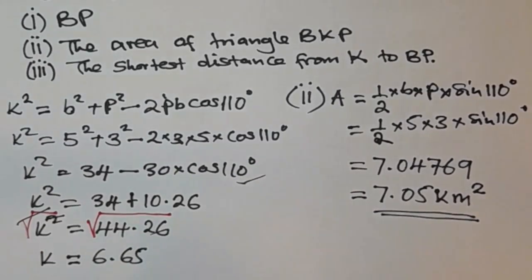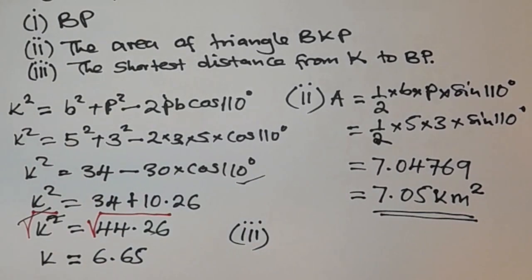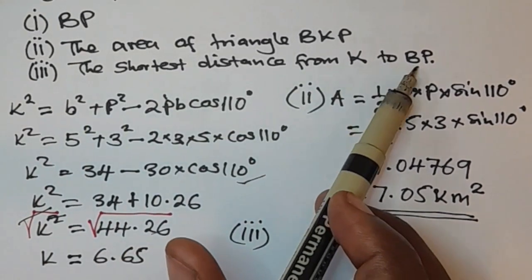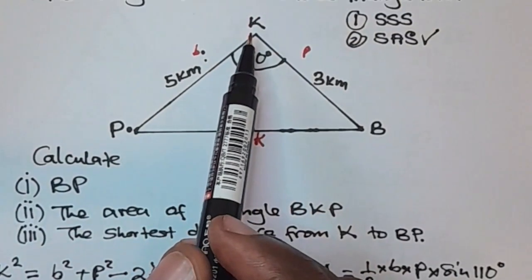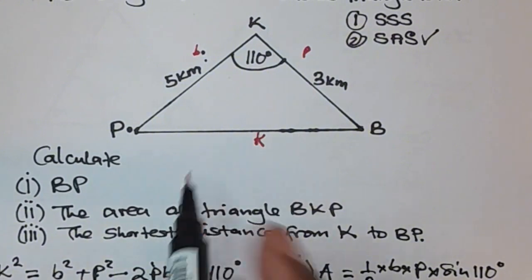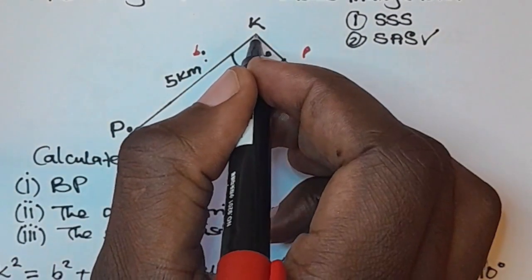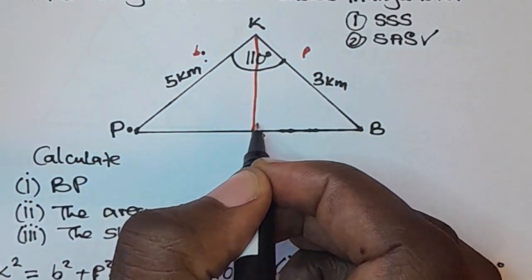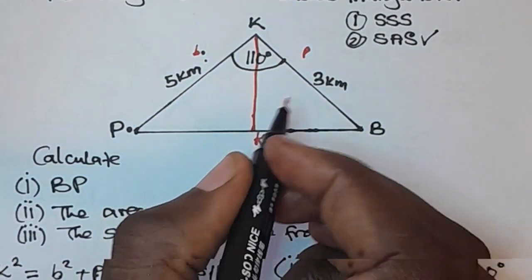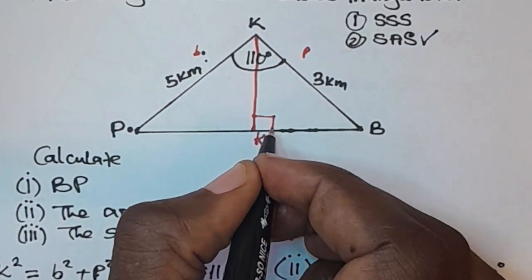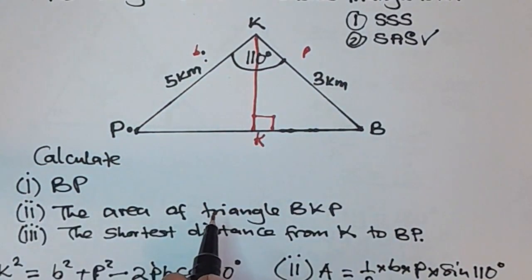Okay, let's now look at the third question. The third question, they want you to find the shortest distance from K to BP. K is here to BP. So in other words, you need to draw a line here. And when this line joins or touches this line, it will touch this line at 90 degrees.